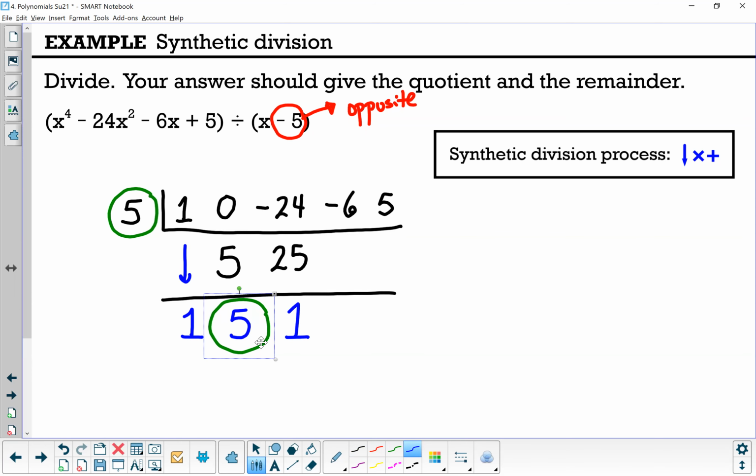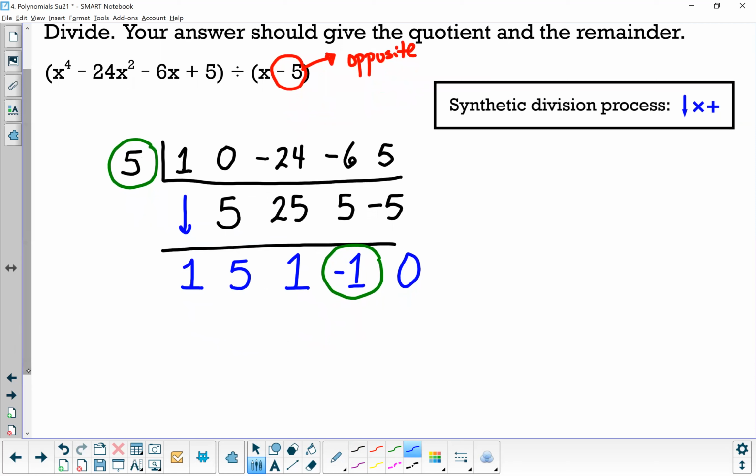Okay, repeating the cycle, multiply 1 times 5 and you get 5. Add the negative 6 to the 5 and you get negative 1. Okay, repeating the cycle, multiply the negative 1 times 5 and you get negative 5. Add 5 and negative 5 and you get 0.